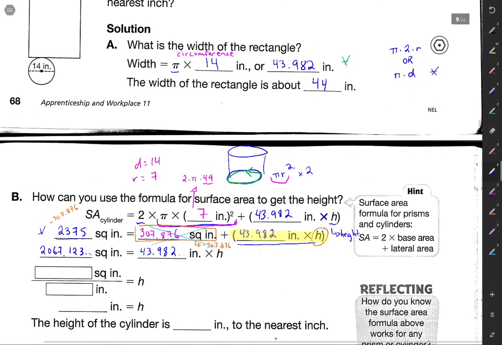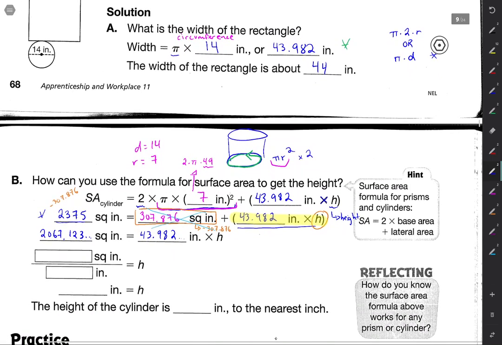So now we need to get that h all by itself still. But it is now multiplying this number next to it. So in order to get rid of that number next to it, we need to do the opposite of multiply, which is divide. So we're going to divide both sides by 43.982. So that means here's our division line. If we write this line here, that means divide.